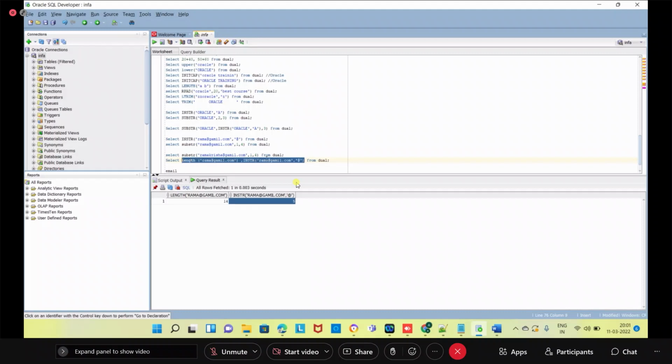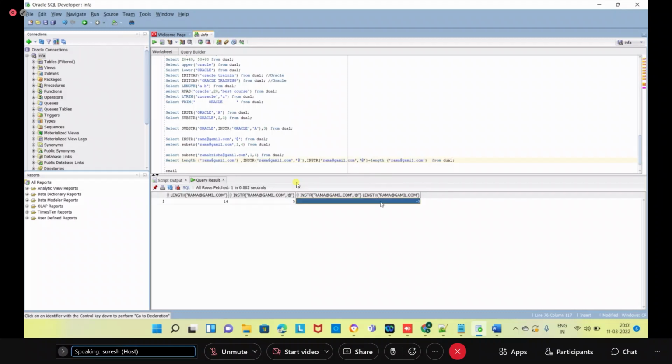let's play with some minus operations here. Now I got my position. Let me just subtract with instring. Then what will happen? We'll see how many characters I need. Okay, it is coming as -9. From this -9, if I subtract the length, then what will happen?